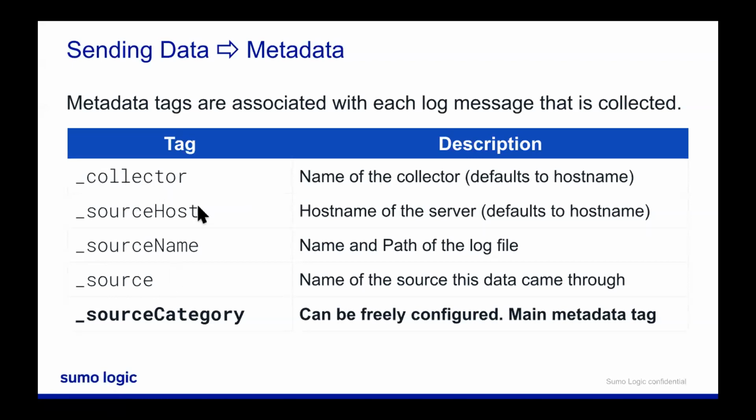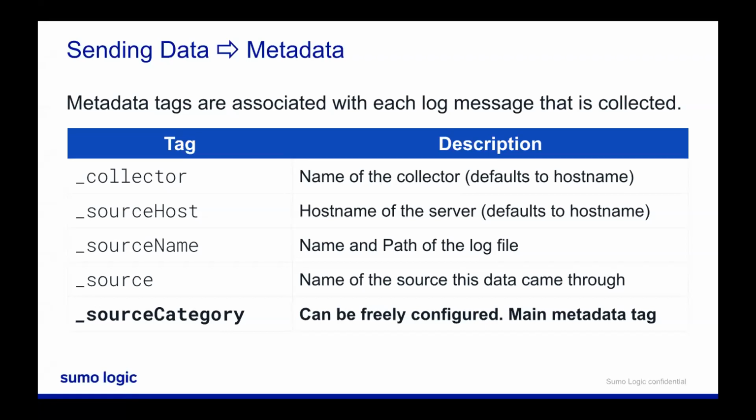We can also reference it by source host, or the name and the path of where the log file is, which we call source name. But you'll notice these four are not bolded, and this one is. This is source category. When you create a source, you can define a source category, and you can freely configure this based on the structure of your organization.